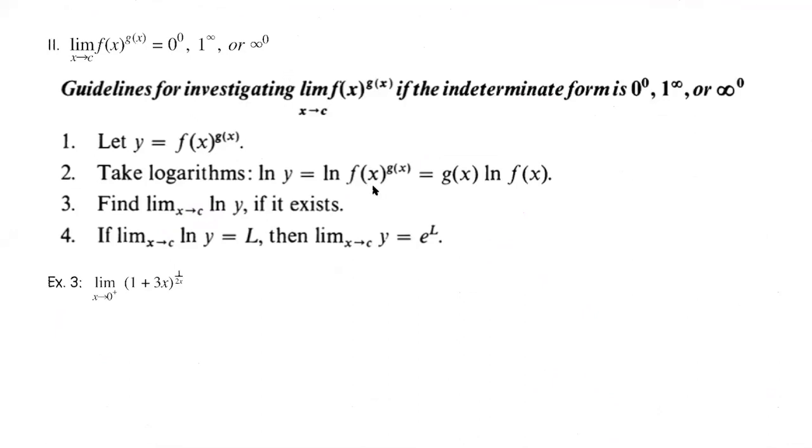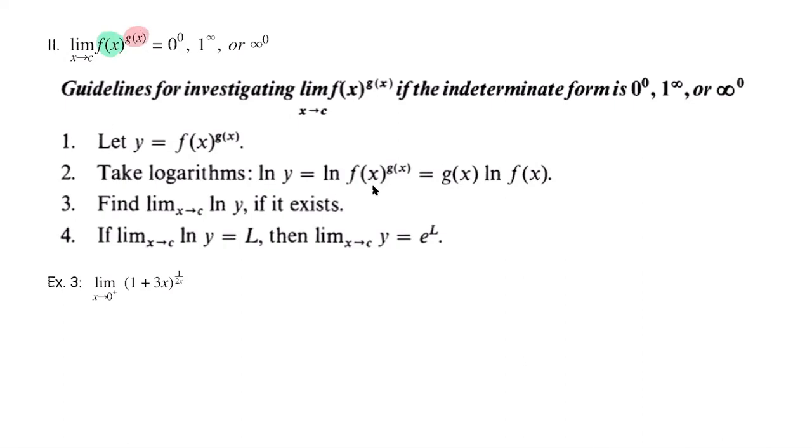All right. So sometimes you have a situation where you have not a function divided by a function, not a function times a function, but instead you have a function raised to the power of another function. So in this case, we have f of x, and it is being raised to the power of g of x.